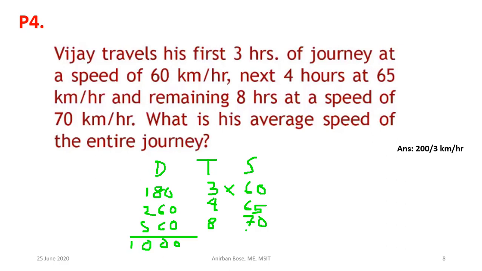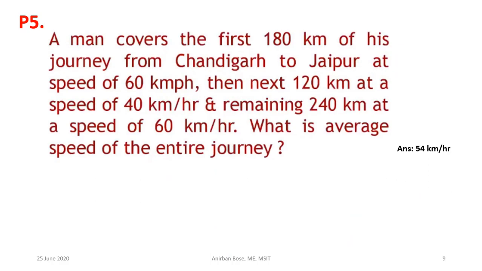Okay, and you find out what the total time is, that is 15. Now average speed will be total distance divided by total time. So 1000 by 15. So you can see the answer is 200 by 3. Moving on to the next problem.